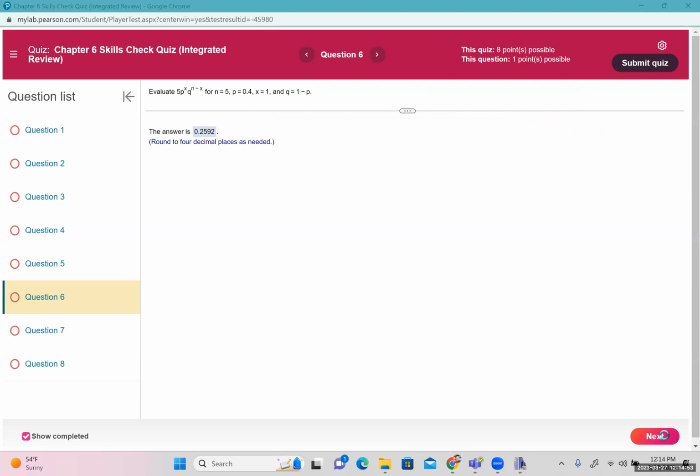Okay, so this problem says simplify with exponential form, right? We have 5, p is 0.4, right? 5 times p raised to x. 0.4 raised to x is 1.